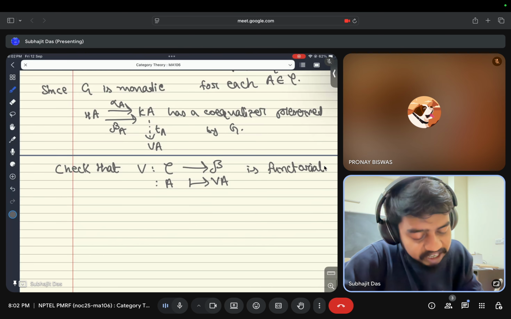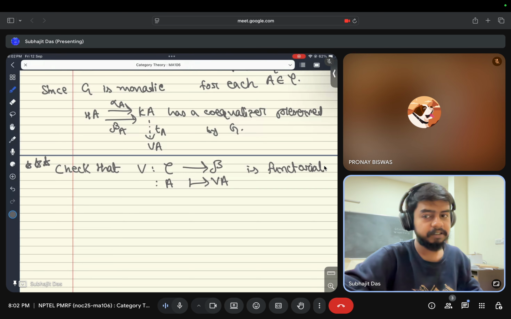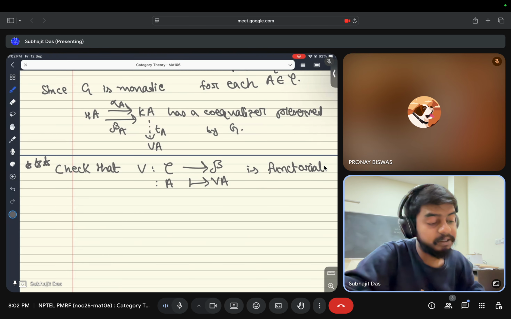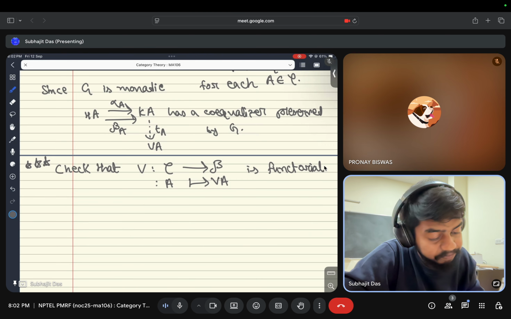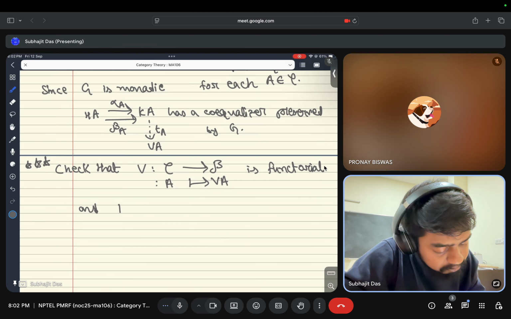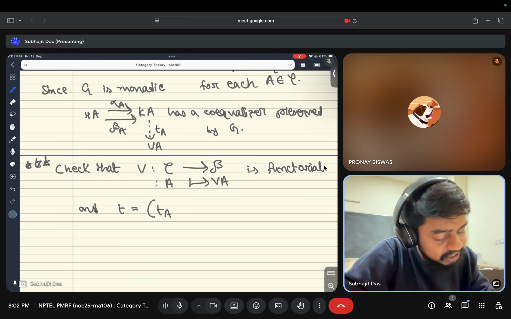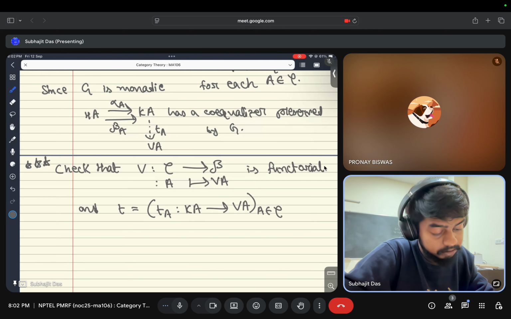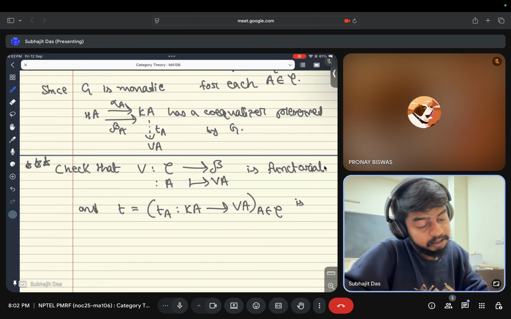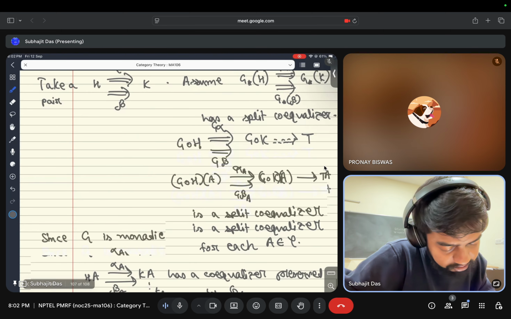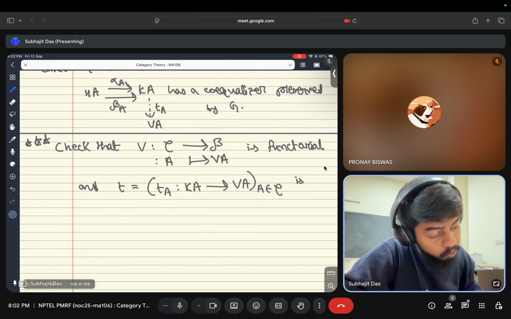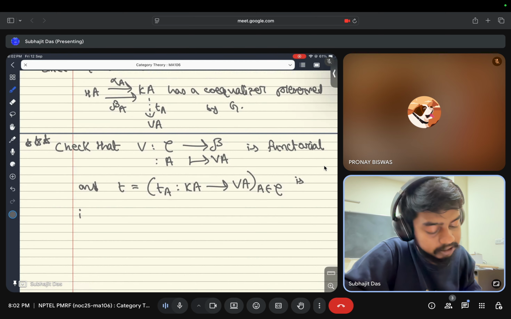I'll just put this in star star because this is really something that you need not check, because everything is defined in terms of co-equalizers. You always have maps induced. V is functorial, and T, which is defined to be this class TA of arrows from K to VA, A in C, is a natural transformation.